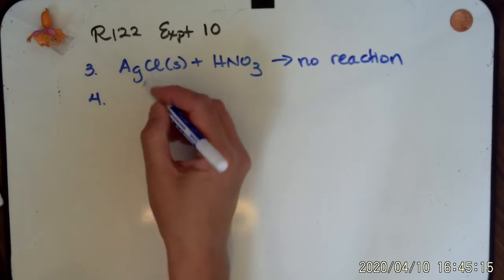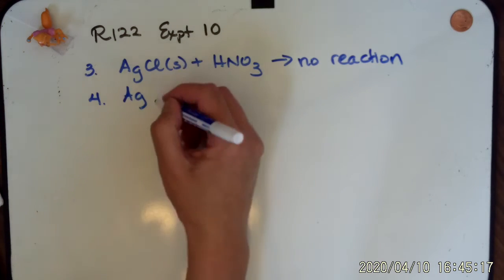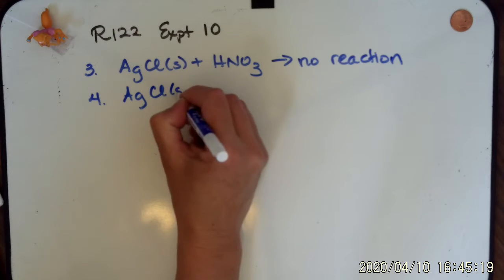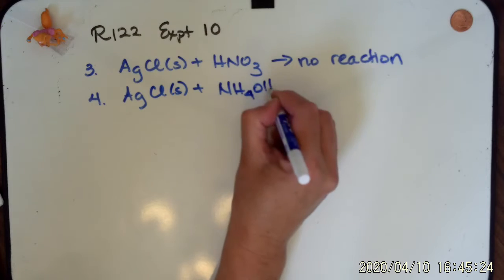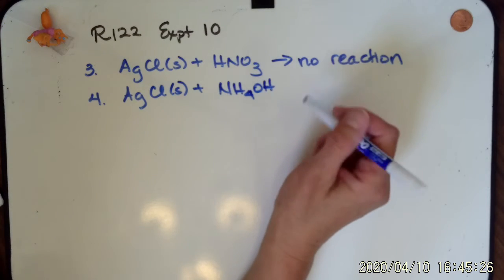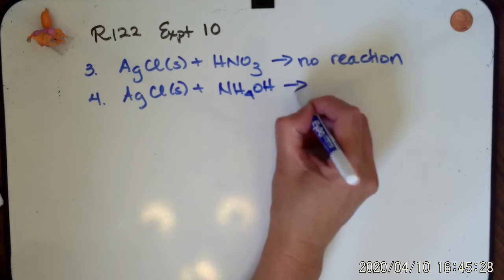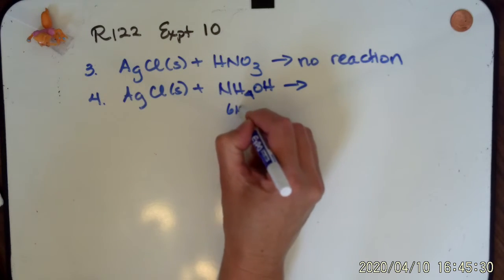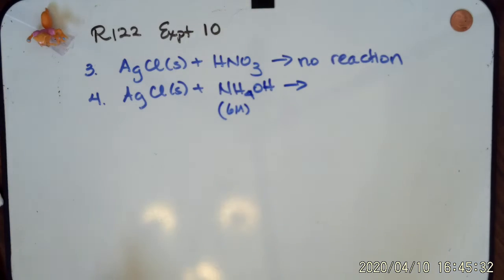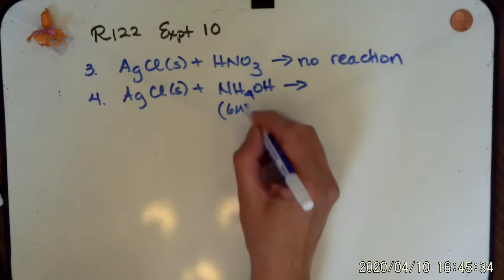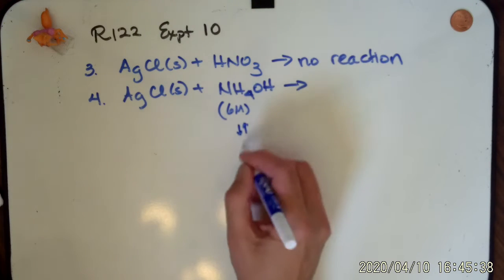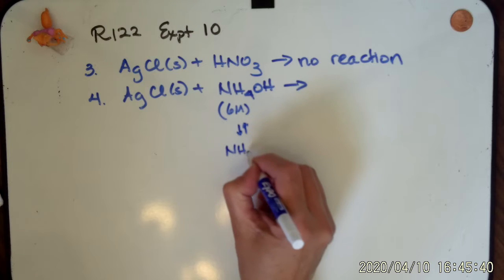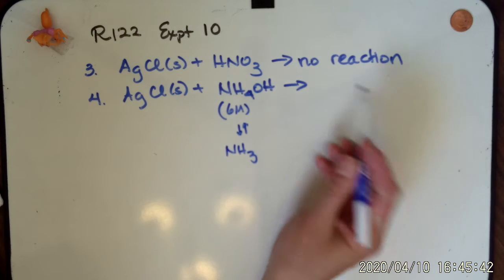Number 4. What about silver chloride plus ammonium hydroxide? Okay? In this case, this is 6 molar. Alright, so you have excess. Remember again, you also have 2 equilibria with ammonium hydroxide.